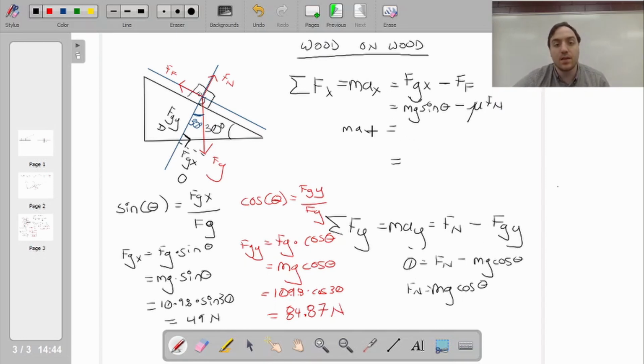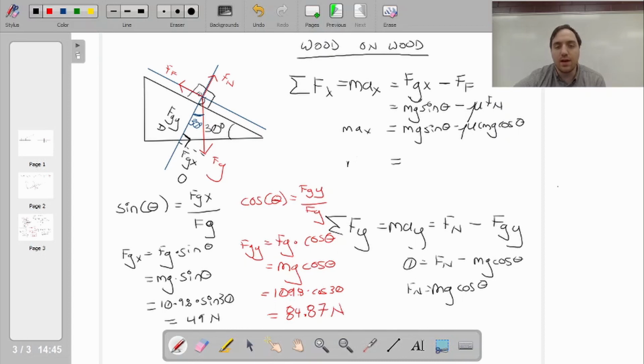So my mass times my acceleration in the x direction was my mg sine theta minus mu mg cosine theta. And now I would plug my numbers in and see if my acceleration gives me a positive or negative value. If it's a positive value, I know that the gravitational force would win out, thus providing me with acceleration down the ramp. If it was negative, I'd find out that the maximum value, the mu static max, is greater than the gravitational force acting down the ramp.